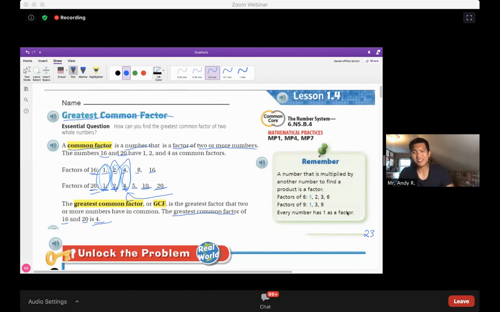So good, right? Okay, so greatest common factor. The greatest common factor is the greatest factor of 2 or more numbers that are common.